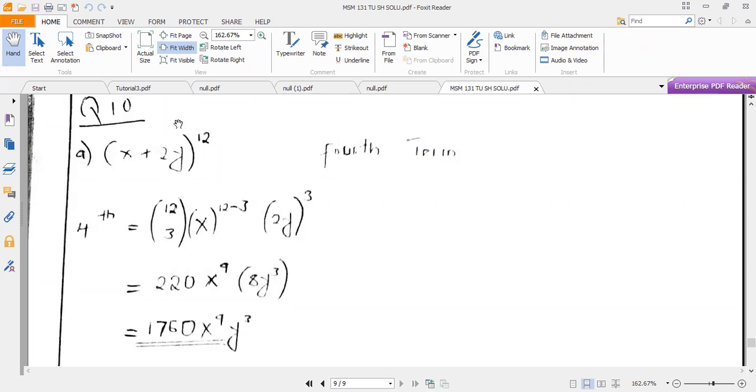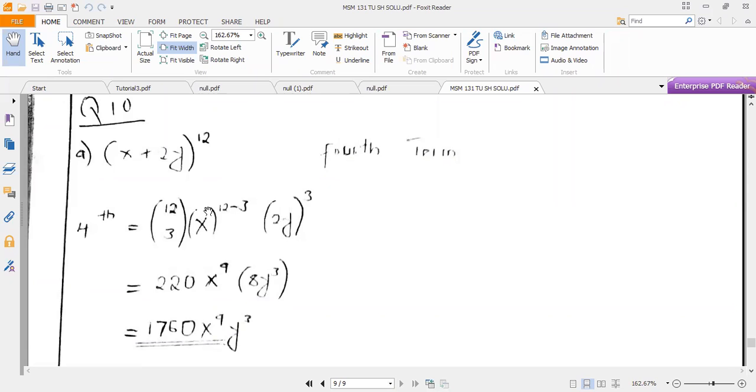Our n is 12. So we have 12 choose 3. Then x to the power n minus 3, which is 12 minus 3. And the y part has 2y to the power 3. So the fourth term is found by that. So we realize that 12 choose 3 is 220.